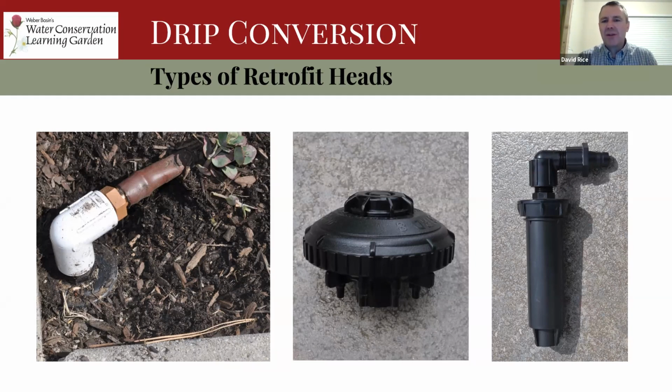But it's a real easy conversion. The middle picture here is called the Xeri-Bird. It's a Rain Bird product. It connects to a riser where your sprinkler head would have been. You screw that on there, and then drip tubing comes out of the bottom of that. You can direct it to individual plants. And on the right, again, it's a sprinkler head with just the conversion part. So they sell what they call drip conversion pieces, drip conversion kits.